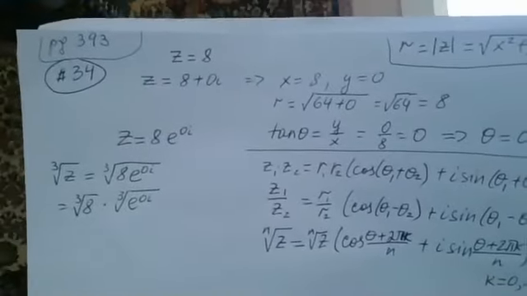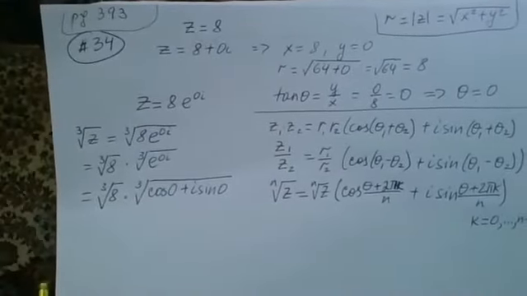So it will be the cube root of 8 times the cube root of e to the 0i, which in trigonometric form looks like the cube root of, for e to the 0i, it is cosine, I'm using Euler's formula, of 0 plus i sine of 0. The cube root of 8 is 2.